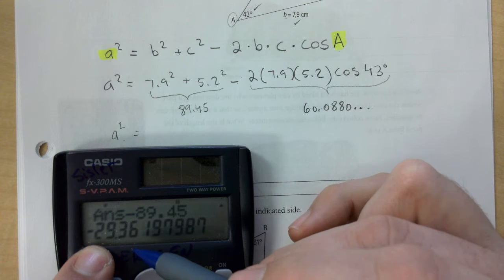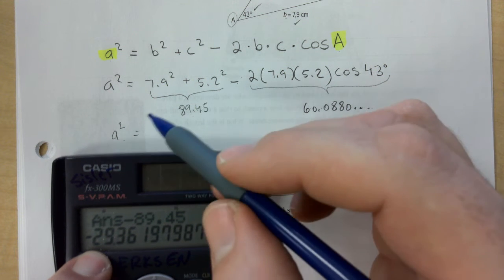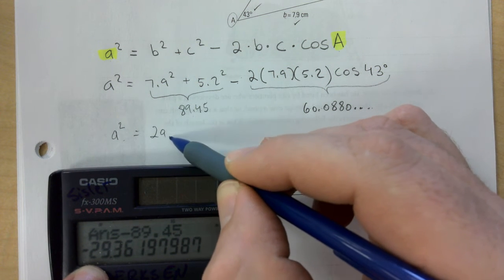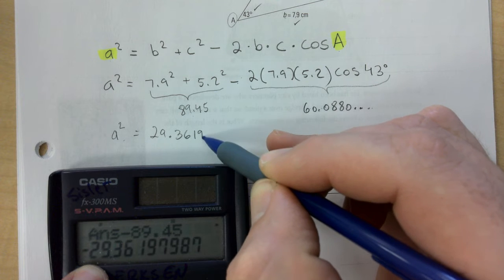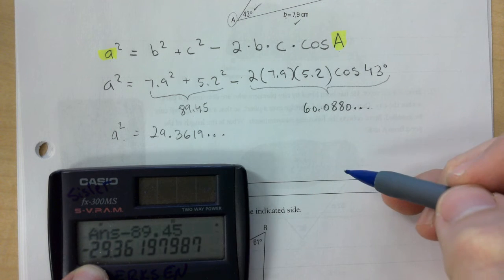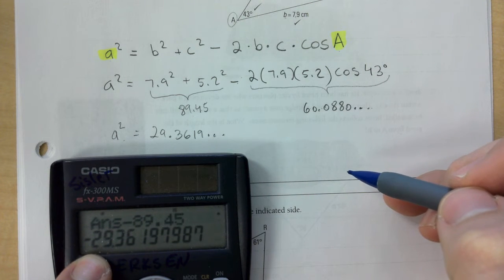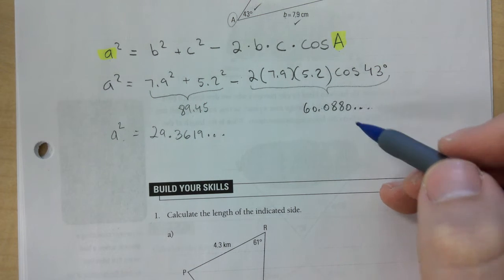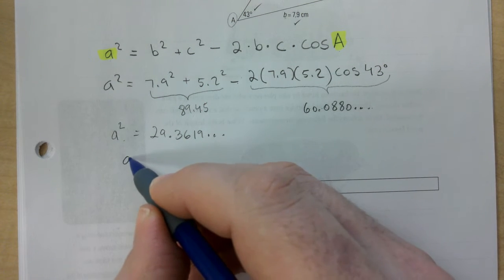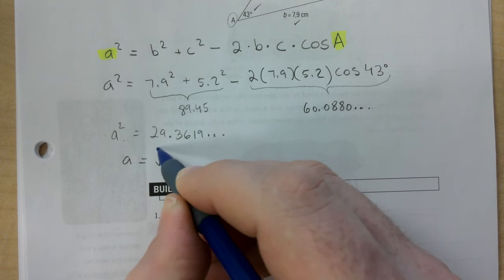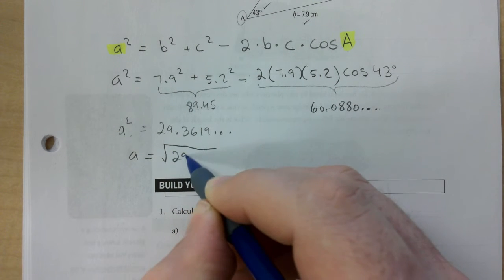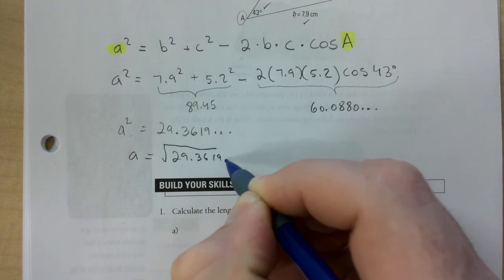So you get 29.3619, and it keeps going indefinitely. The last step to get a is to take the square root of 29.3619.